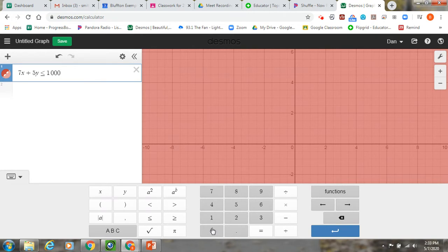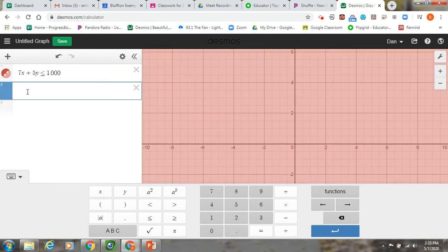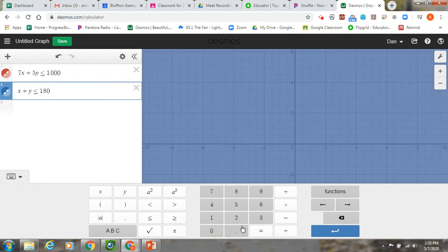That looks kind of goofy because we have a completely bad scale here. We're only going up to 10 when I know I'm dealing with at least 1,000 here. We'll deal with that in a little bit. The other one was that x plus y has to be less than or equal to 180. There we go.